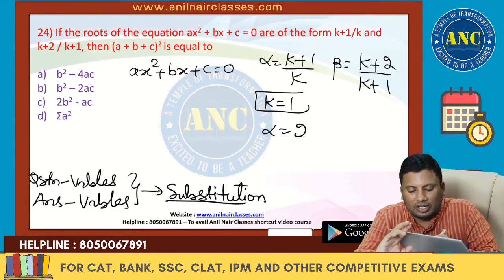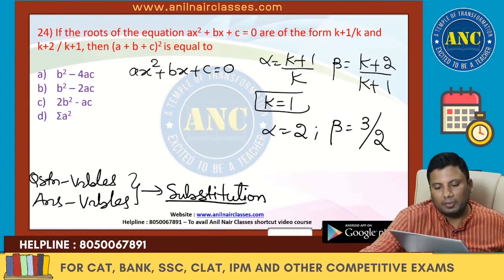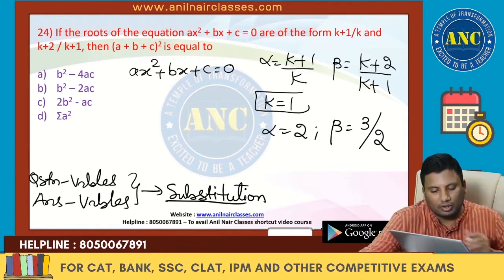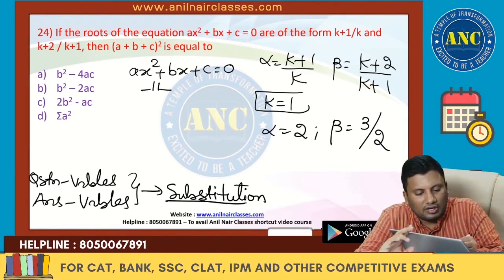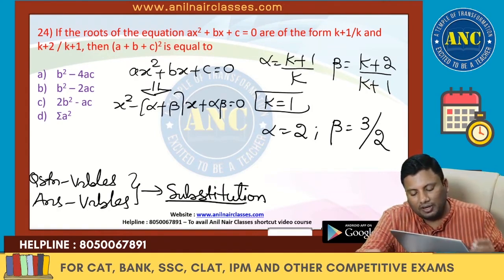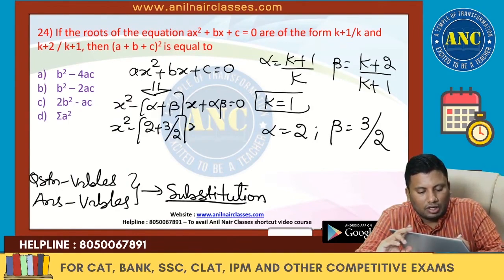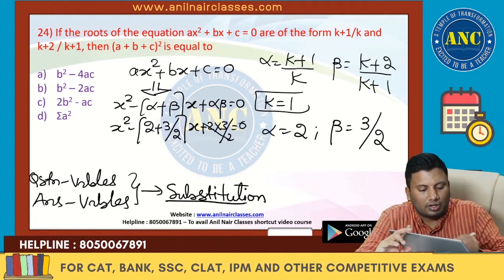So, alpha is nothing but 2. Beta is nothing but 3 by 2. So, what will be the equation? Equation will be x square minus of alpha plus beta x plus alpha beta is 0. X square minus 2 plus 3 by 2 into x plus 2 into 3 by 2 equivalent to 0.